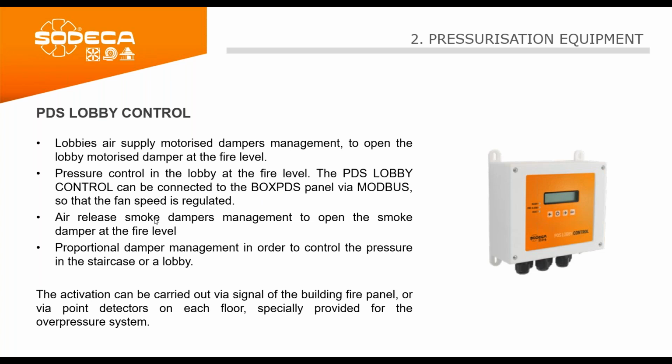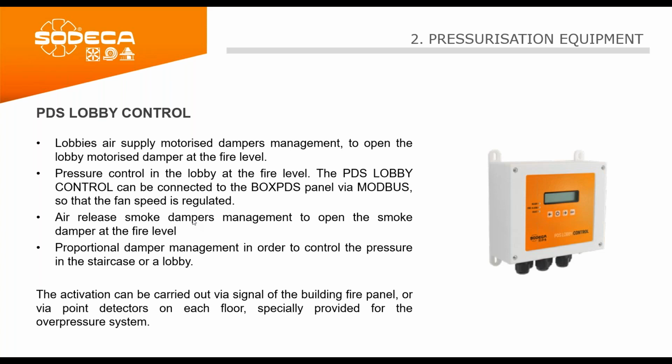It can also manage the air release smoke damper. So it allows the management of the motorized damper to supply air into the lobby, but also the air release at the fire level.